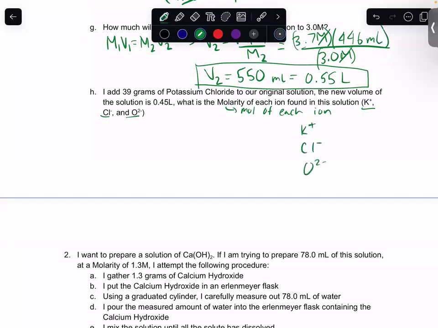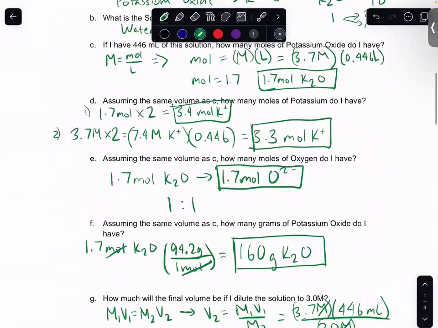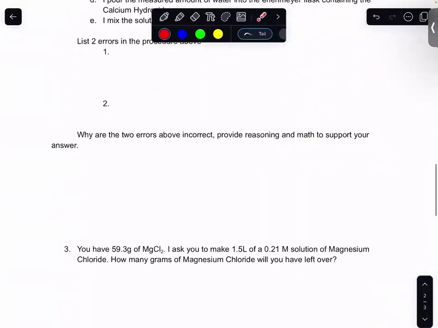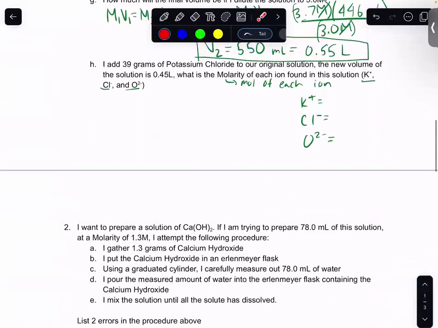Now, I know from before I started with either 3.3 or 3.4 moles. I'm going to use 3.3 moles, but you can use either. So I started with 3.3 moles. Cl-, we don't know the moles yet.